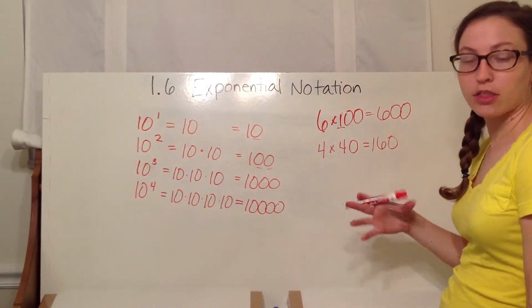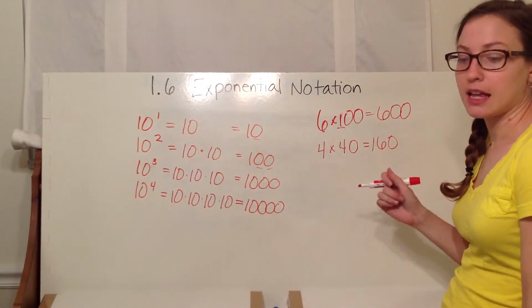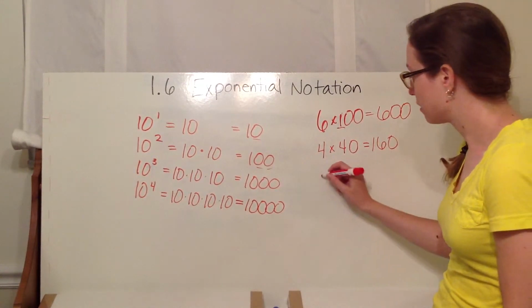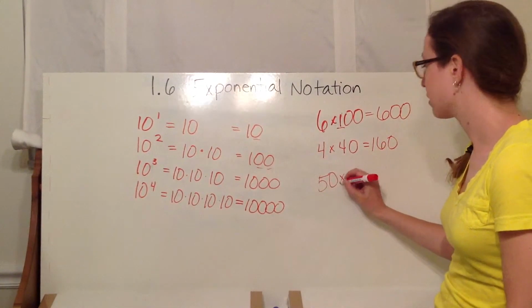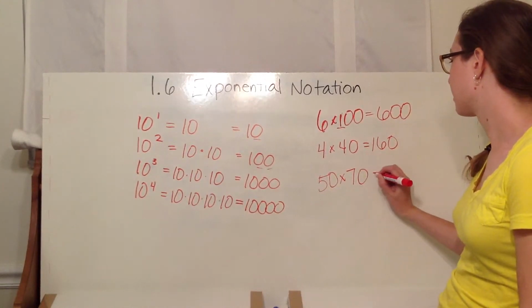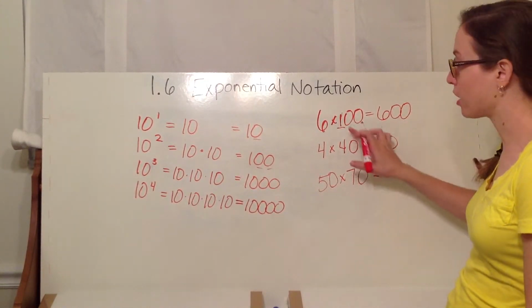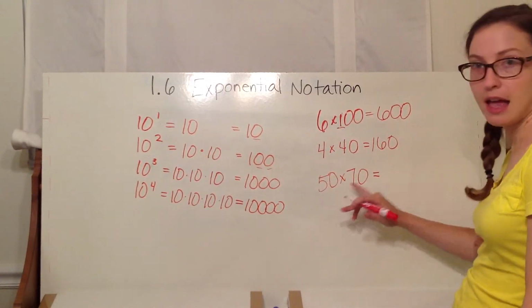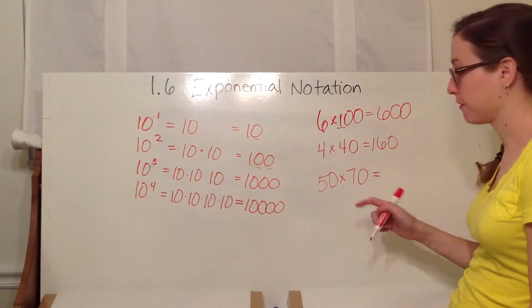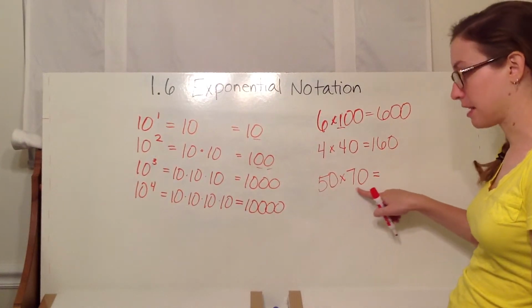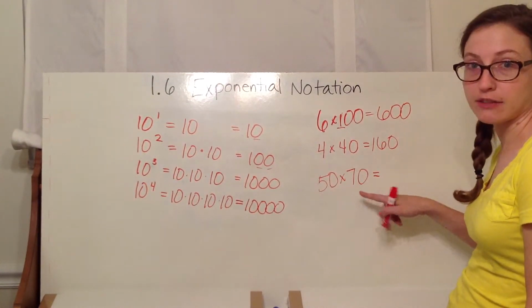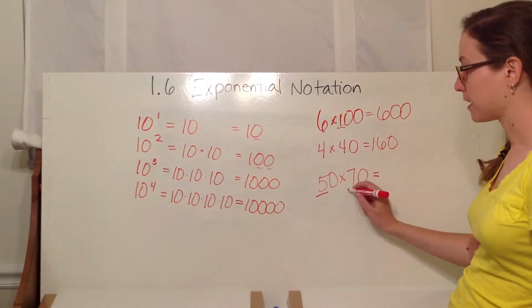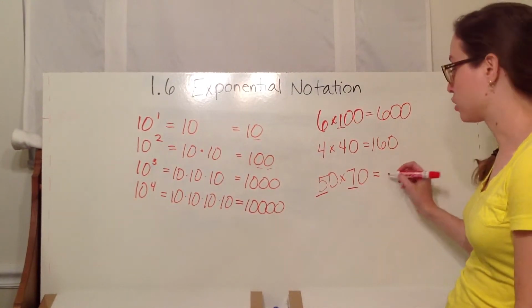Okay. The third example that I'll do of this is 50 times 70, to show you that it's not only when there's zeros in one place. We can do this for as many as we have. Instead of doing 50 times 70, what I'm going to do is 5 times 7. I know that that's 35.